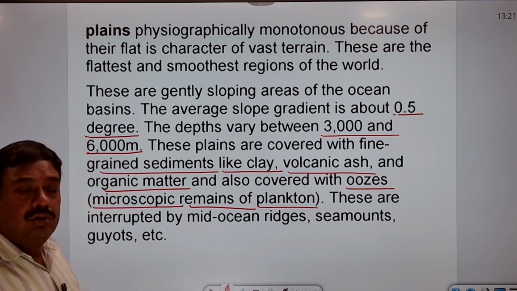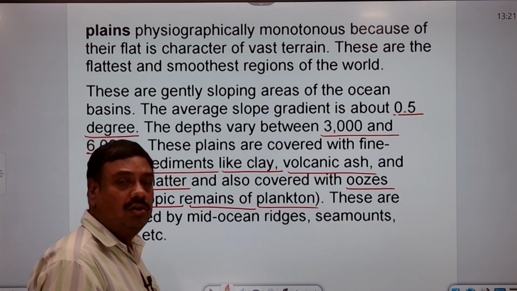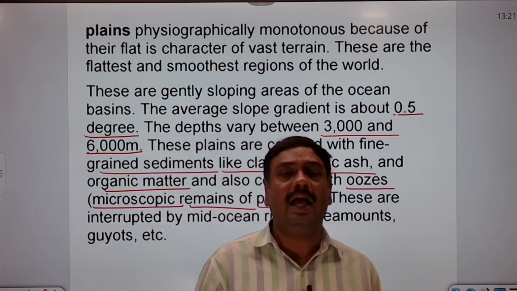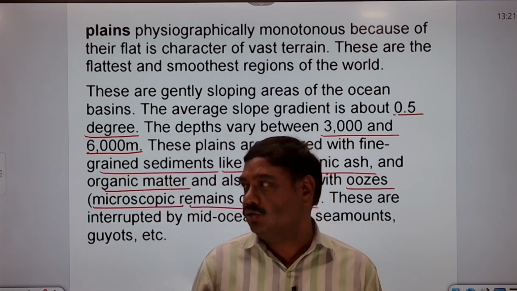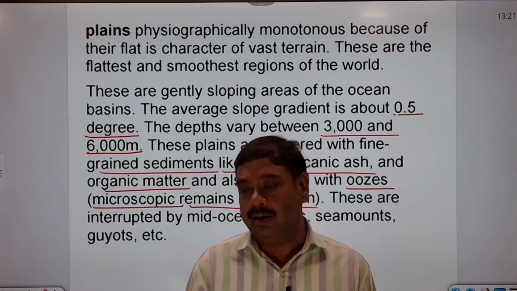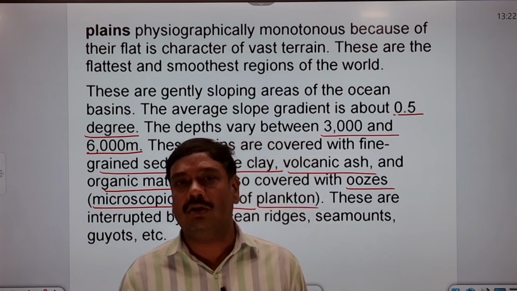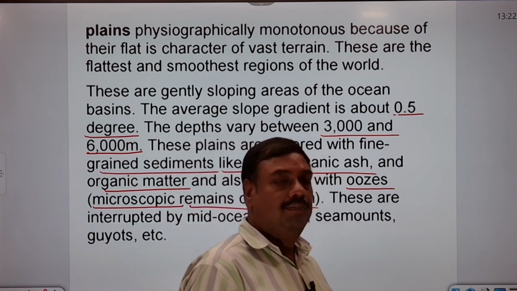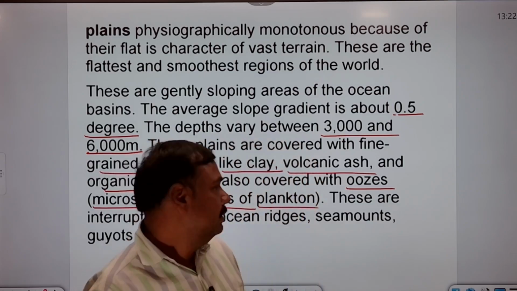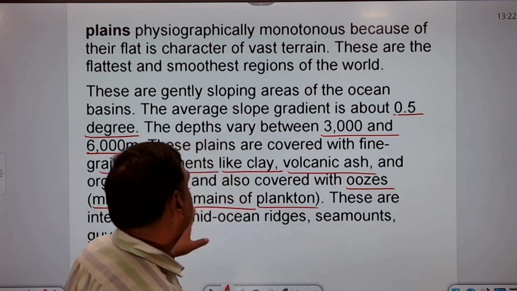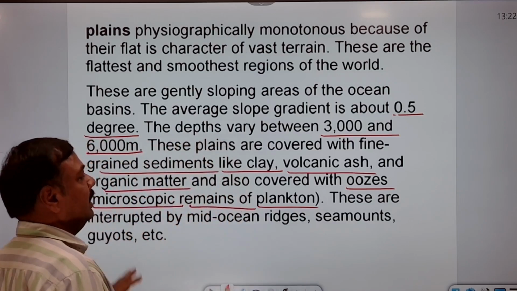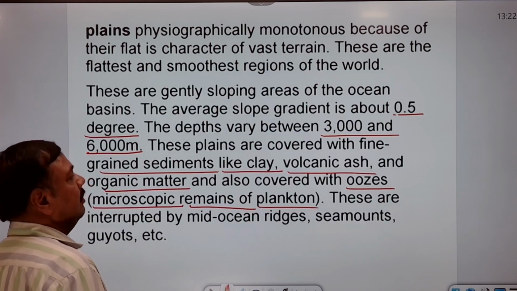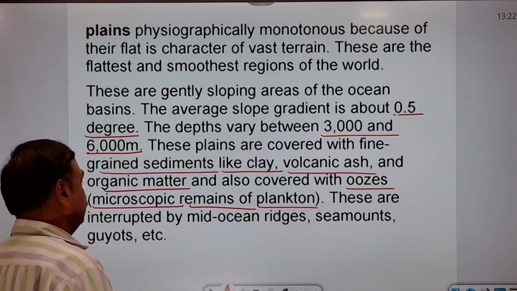So, this deep sea plain region has certain organic material as well as the microscopic remains of planktons. Planktons means the floating organisms. These microscopic remains of planktons are called oozes. So, these oozes are also formed.